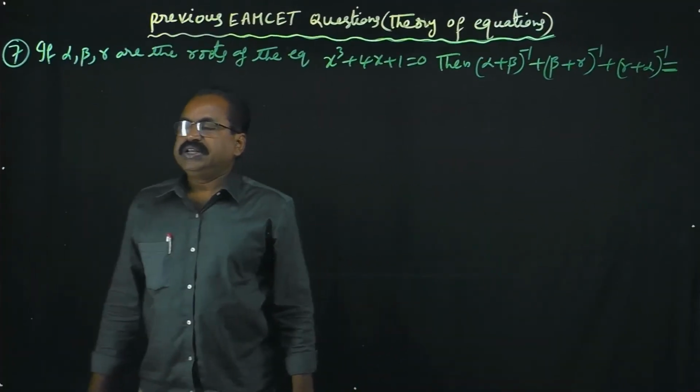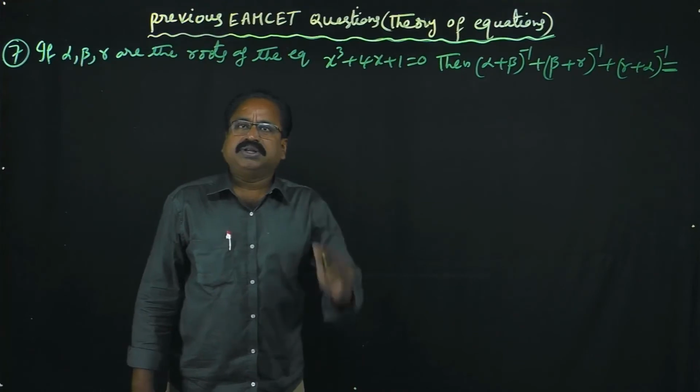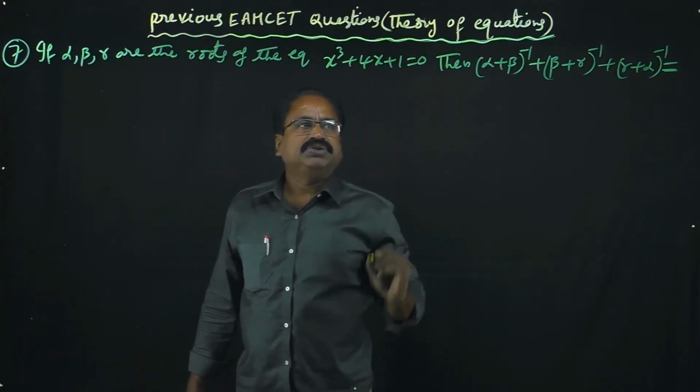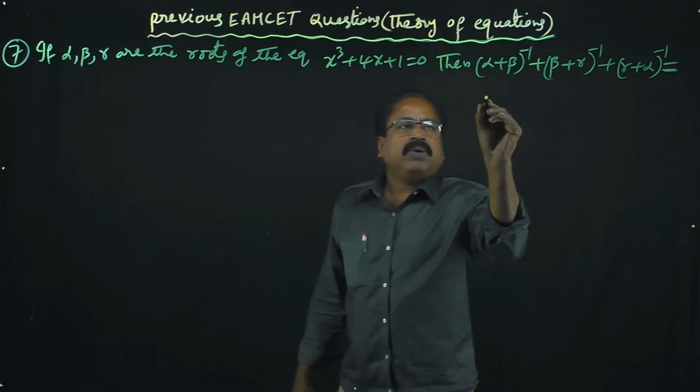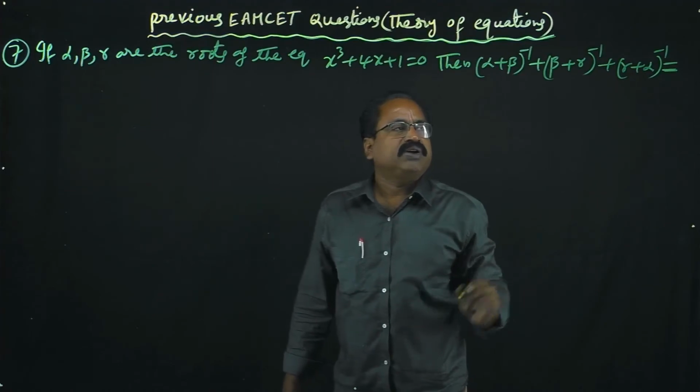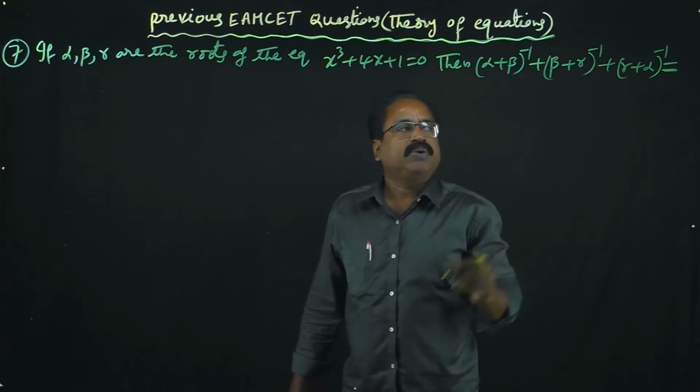Now the seventh one: if alpha, beta, gamma are the roots of the equation x cube plus 4x plus 1 is equal to 0, then find (alpha plus beta) to the power minus 1 plus (beta plus gamma) to the power minus 1 plus (gamma plus alpha) to the power minus 1.